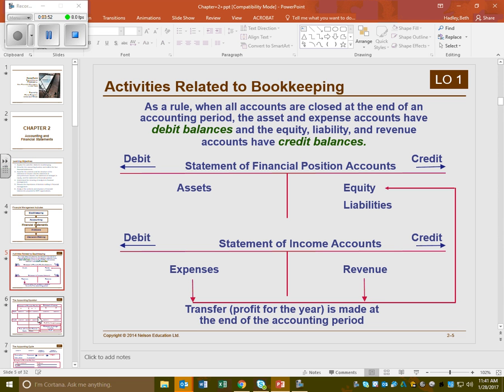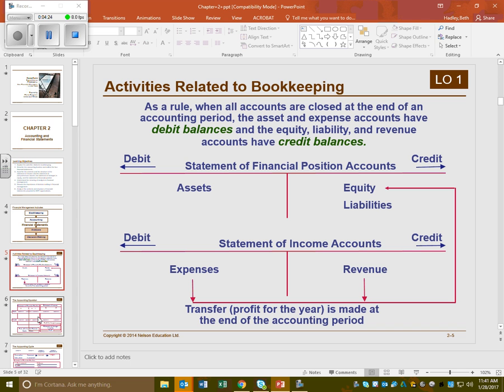Comprehensive income, or when it includes comprehensive income, is just when there's other income earned by the company that doesn't come from day-to-day operations. That would be things like currency exchanges, or if they were able to make a gain on the sale of an asset. So things that aren't part of the day-to-day operation.